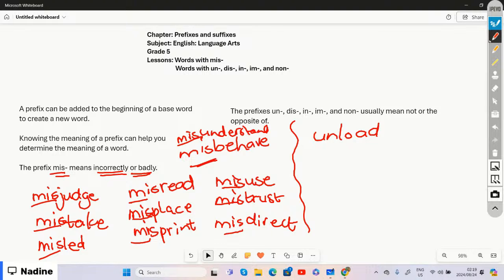Undress means the opposite of dressing. Unfold, the opposite of folding. Unlock the door is the opposite of locking the door. Then we also have a word like impure.